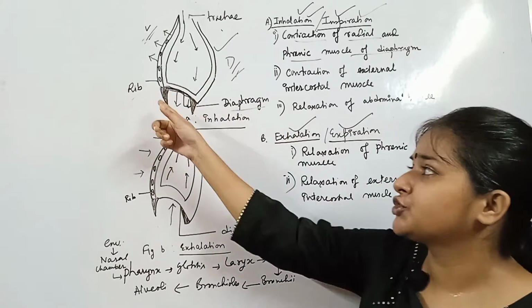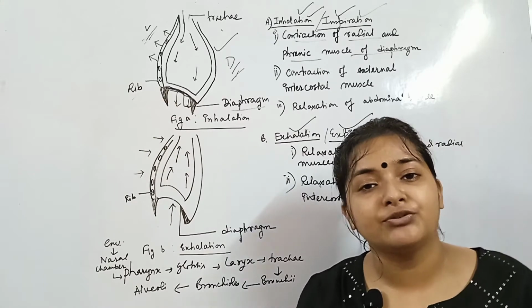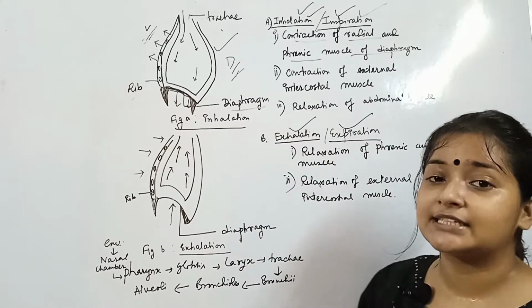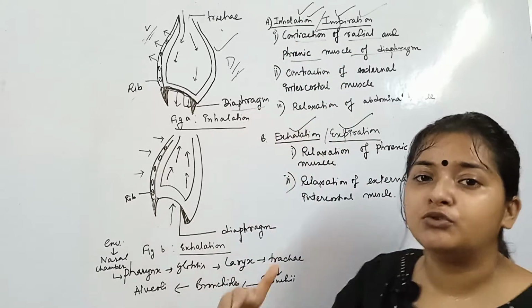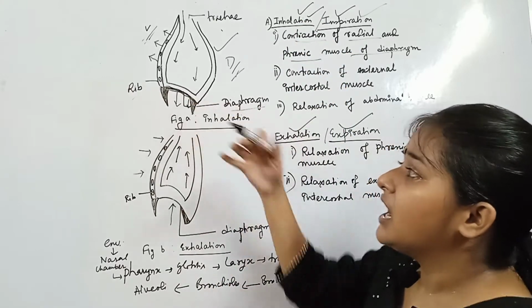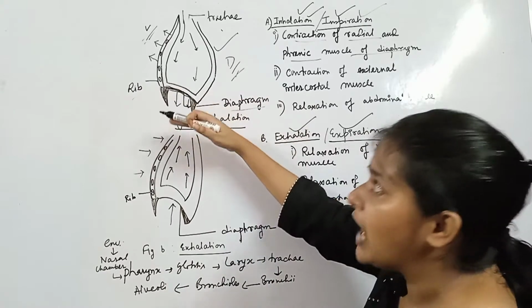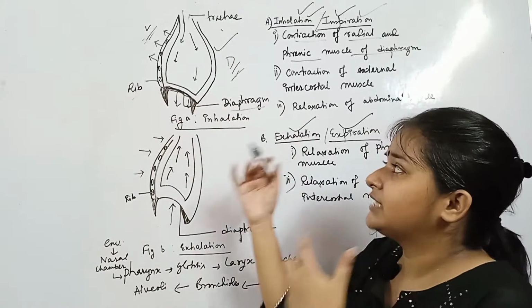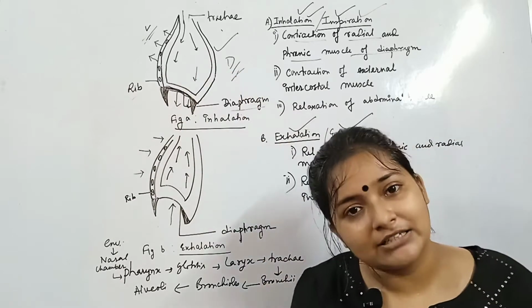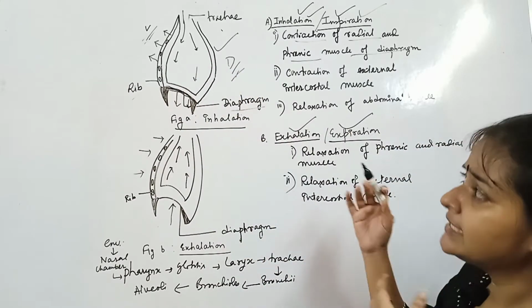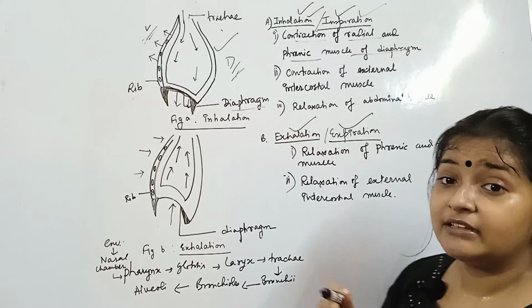And if the diaphragm goes downward, then the thoracic cavity enlarges. This is the function of the diaphragm in breathing.